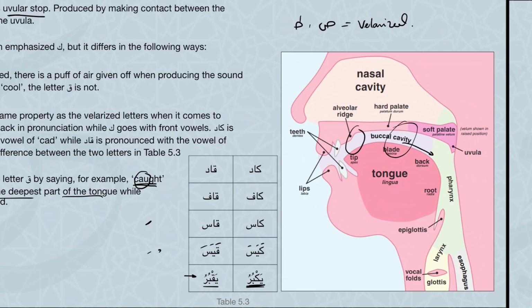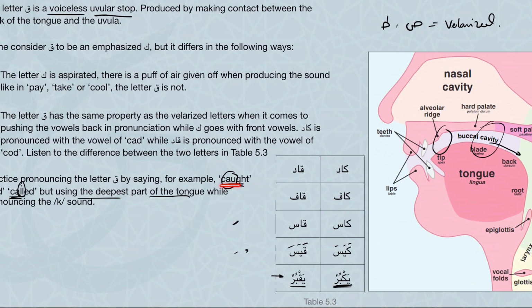While you're lying down on your back, try to pronounce these three words and push your tongue backwards. That's the first step in training your tongue to produce qaf. With time and practice, you're going to get there.